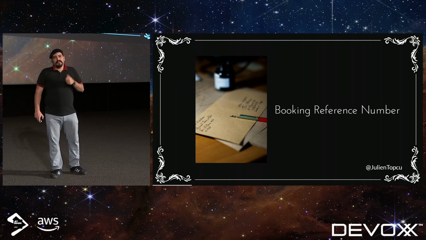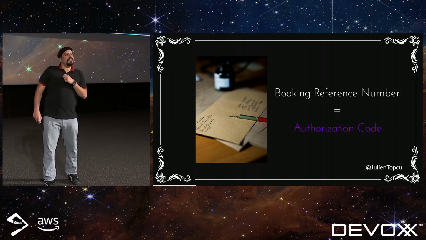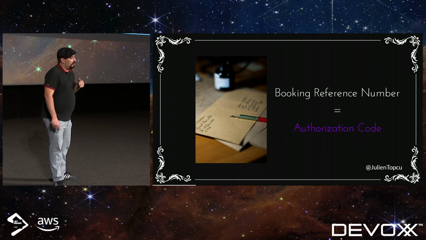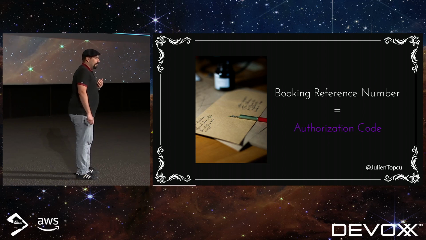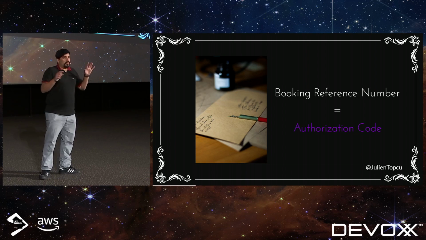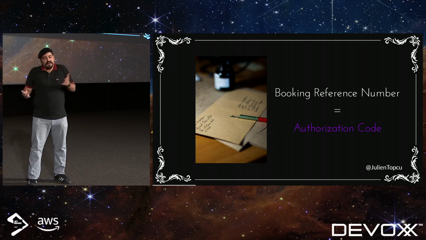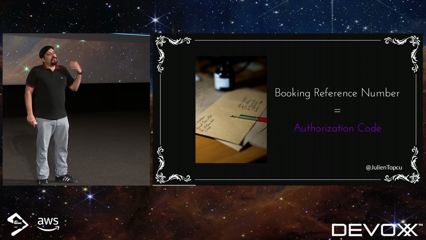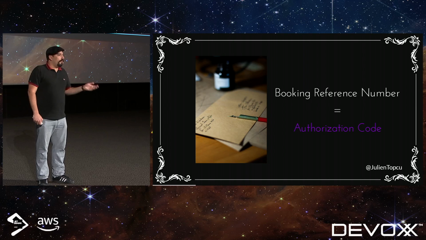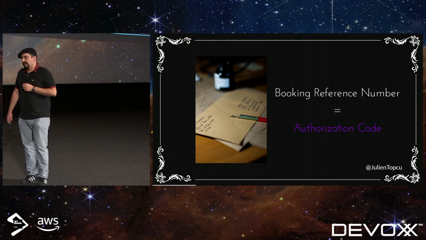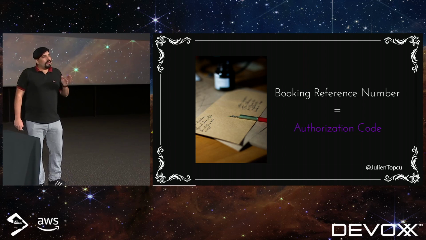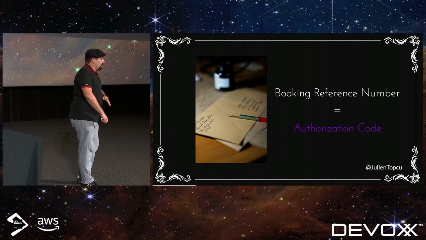So we will call that a code, an authorization code. And with that, we have fixed our revocation problem. In that scenario, the authorization code won't be usable after the end of the guest's reservation, automatically.